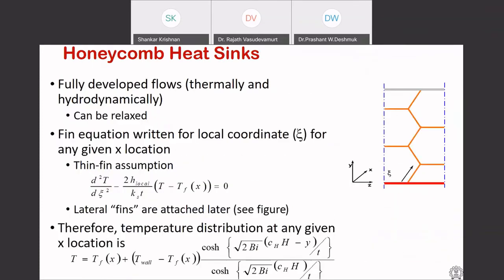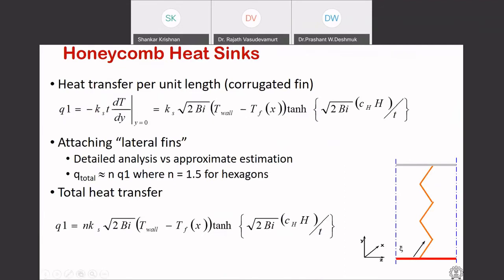However, once you figure out the temperature, now you can write the flux at the bottom, which is given by minus ks dT by dy. That also can be figured out by using a simple Fourier's law at y equal to 0 or psi equal to 0. Now we need to attach the lateral fins.